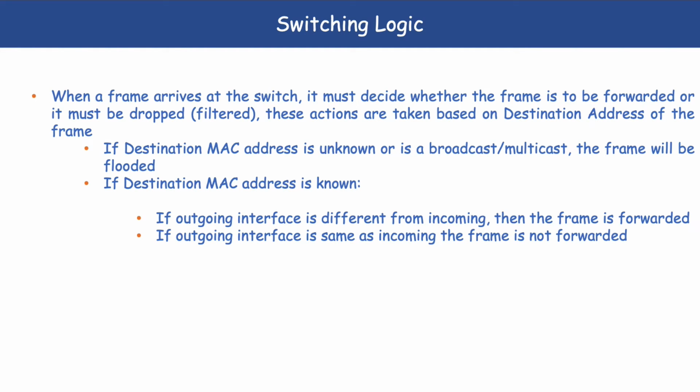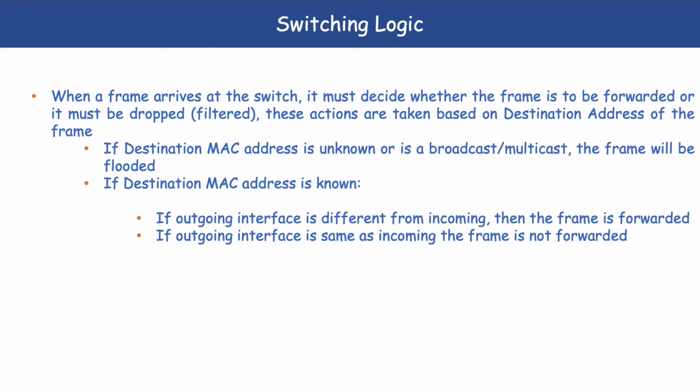So when a frame arrives at the switch, it is first decided whether it is dropped, that is, it is filtered. This action takes place because of the destination address, not the source address. So if the destination address has to be dropped, it has been configured as so, it is dropped. Otherwise, forwarding happens. How does the forwarding happen? When the destination address is unknown, the frame is flooded into the system.